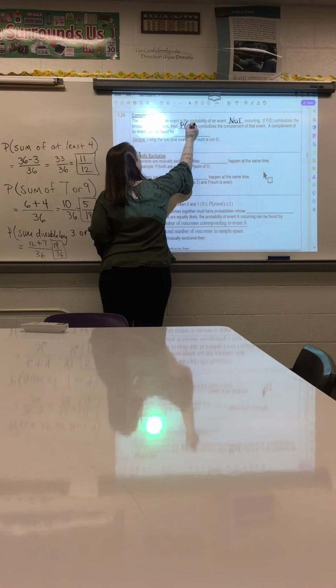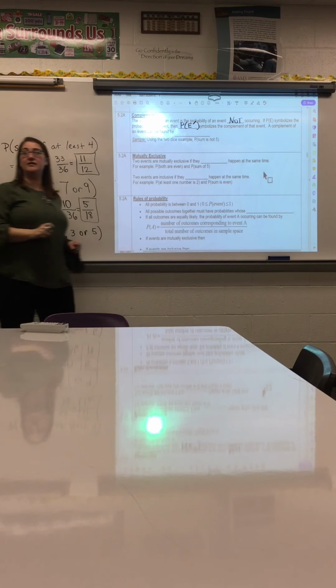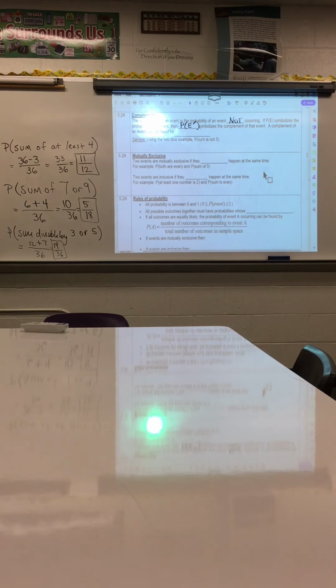It's the probability of the event prime not occurring. So that does not mean take the derivative if you're in calculus. It means prime, E prime. E prime means that E does not happen, that E does not occur. It is the complement of E.